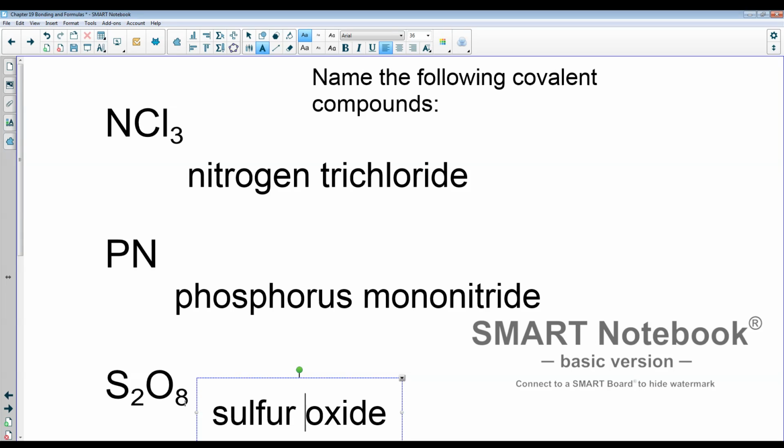There are 8 oxygens, and the prefix for 8 is octa, so I'm going to call this octaoxide, or sometimes we just drop the second vowel, so octoxide is also acceptable. Now, since there's more than 1 sulfur, I don't have to use mono, I need to use di to indicate 2. So I'm going to call this disulfur octoxide. And now I am allowed to start with a prefix that's something other than mono.